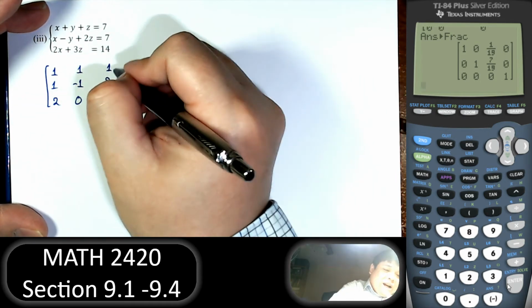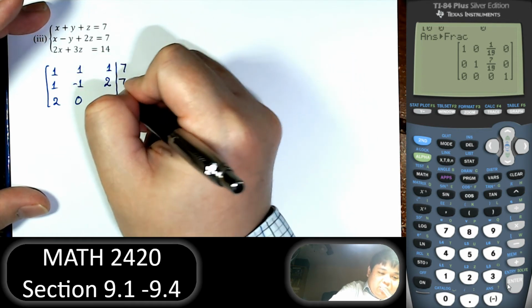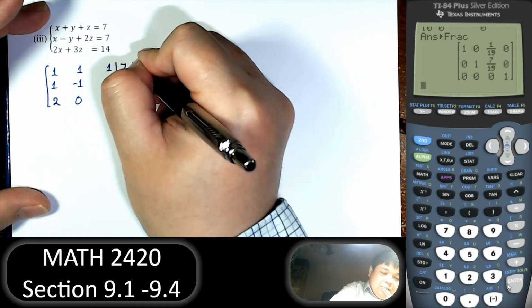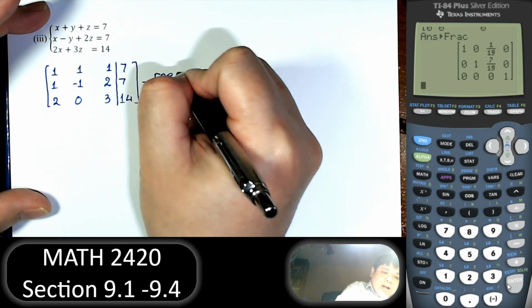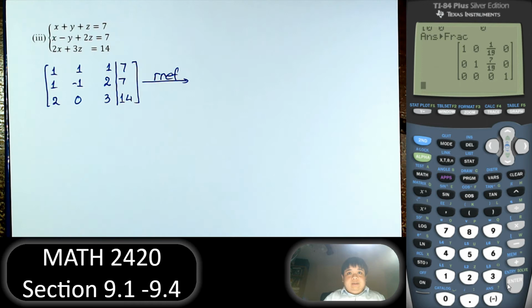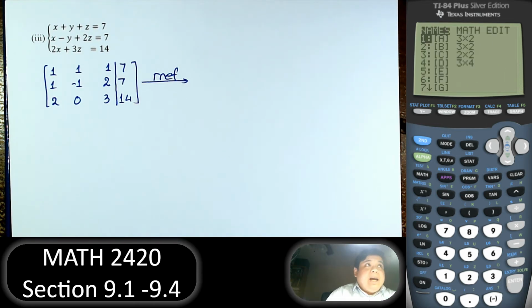Yeah, that's why I go back and check and make sure that I put in the matrix correctly. And then we just do reduce row echelon form and see what we have. Do we have the identity matrix or not? If we have the identity matrix, there will be a solution. If not, then there might be no solution.